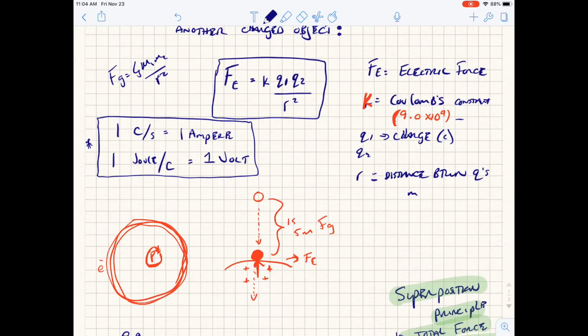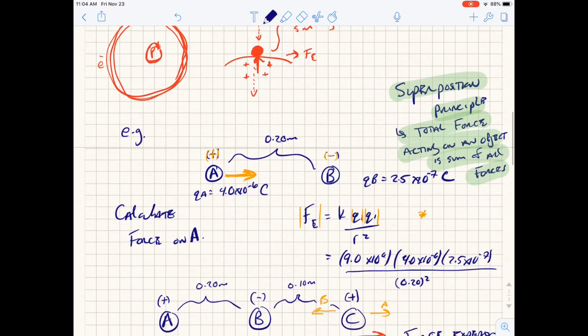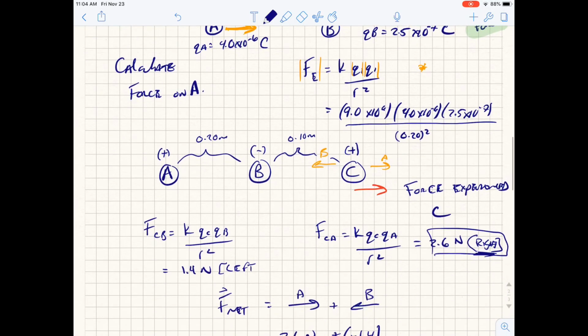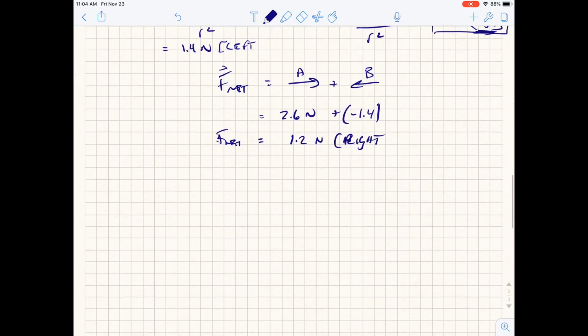Understood that the K value is orders of magnitude greater than the gravitational constant. That means the electromagnetic force is massively stronger compared to gravity. We talked about the superposition principle: when you want to find the total force acting on an object due to multiple nearby charges, you find the superposition, or sum, of all the forces. I've given you examples to look at that.